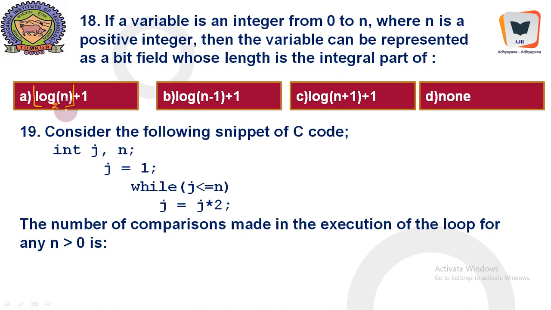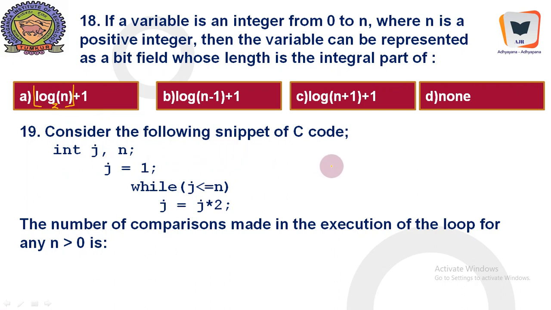The floor is the highest integer less than this real number, so it becomes 3. Plus 1 gives 4, so we need 4 bits. This is how we find out how many bits are required to represent a decimal number n.